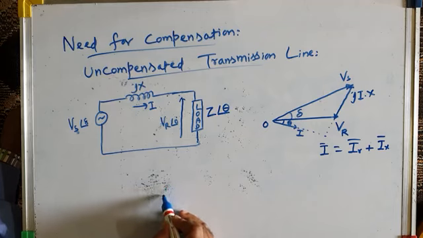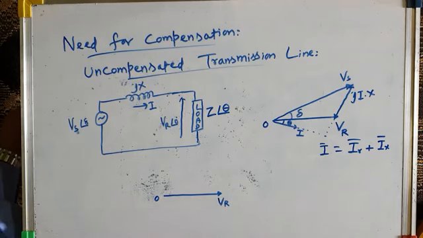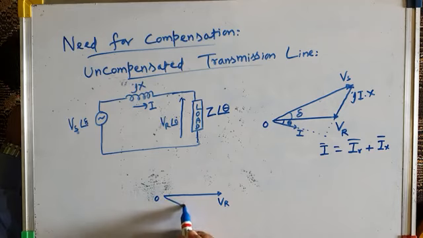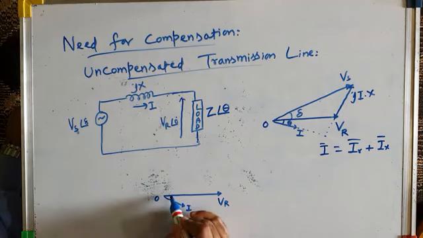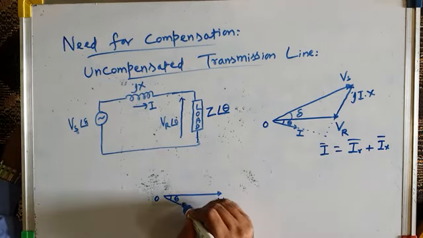This will be our phasor diagram. Again, this is my receiving end voltage, which I am taking as a reference, and this is the current I drawn by the load, which is the same current that flows through the transmission line. Now I will resolve this current into two components.